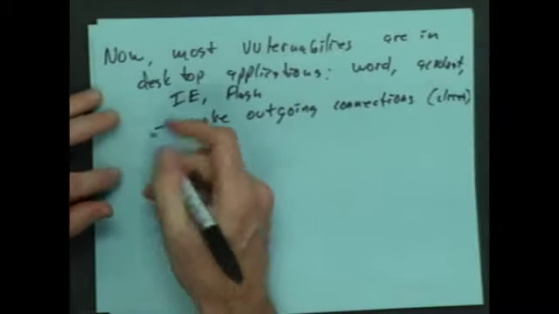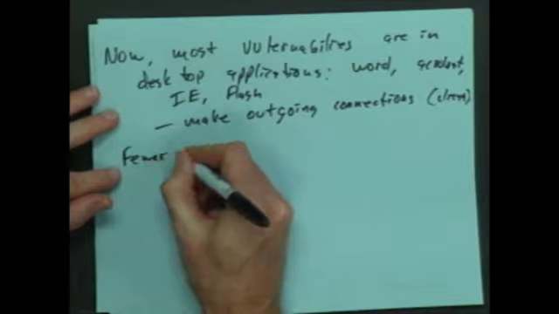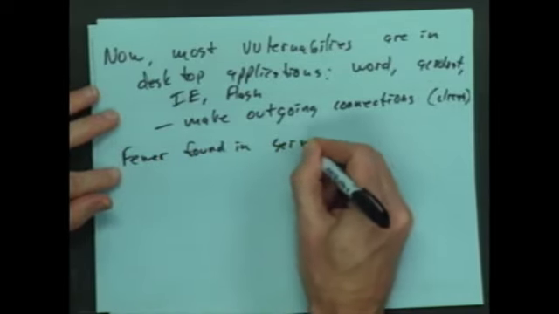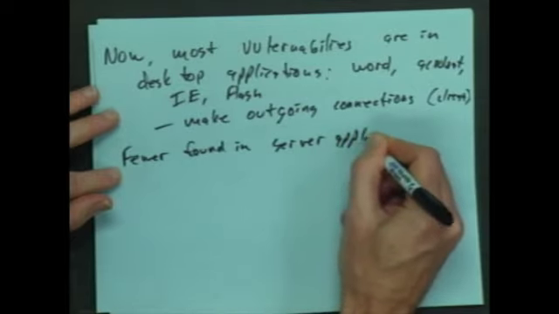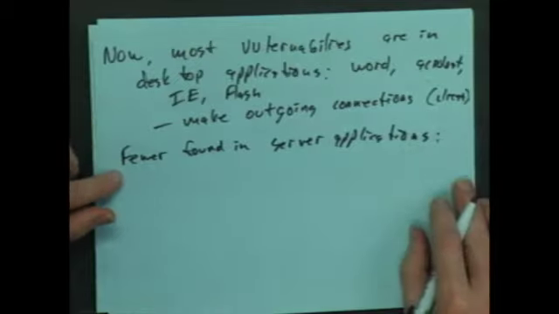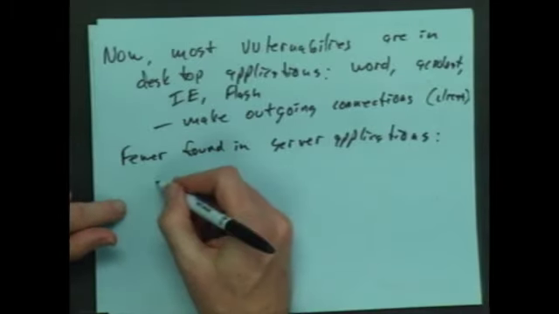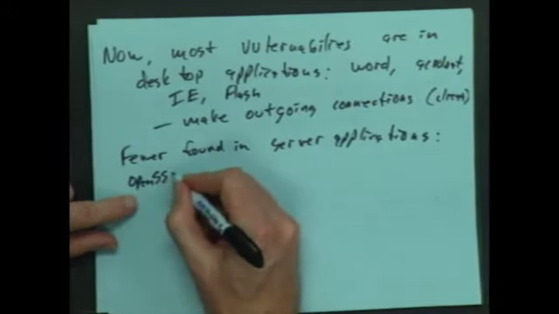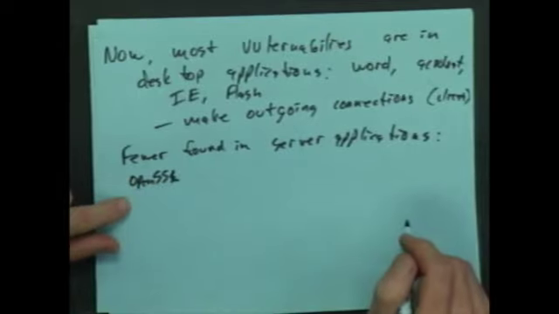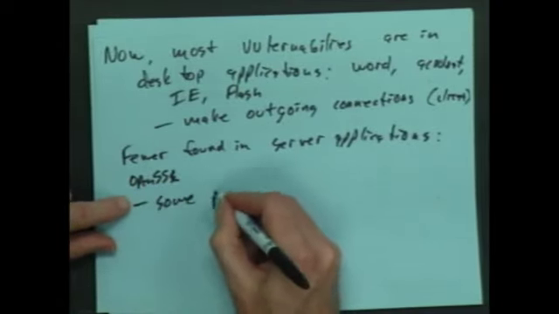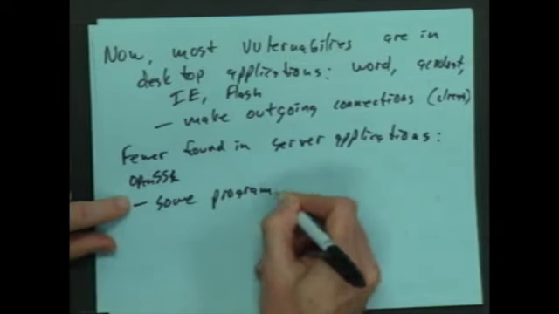There's very few that are found in a server application. That is to say, they still find them, okay? We just had this one. That was a huge one. That was called OpenSSL. So this is something with an open network port.